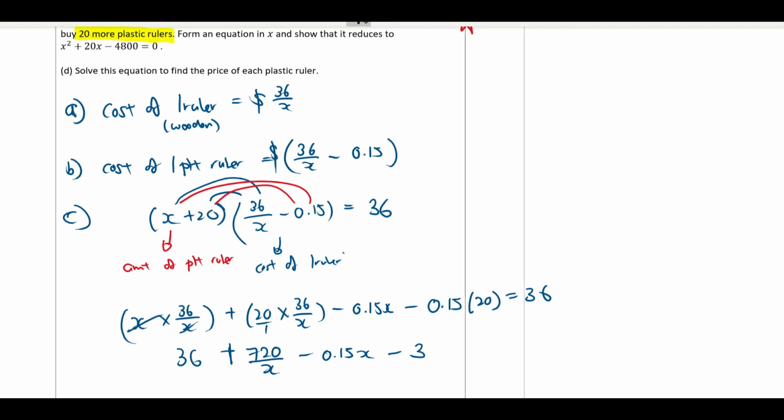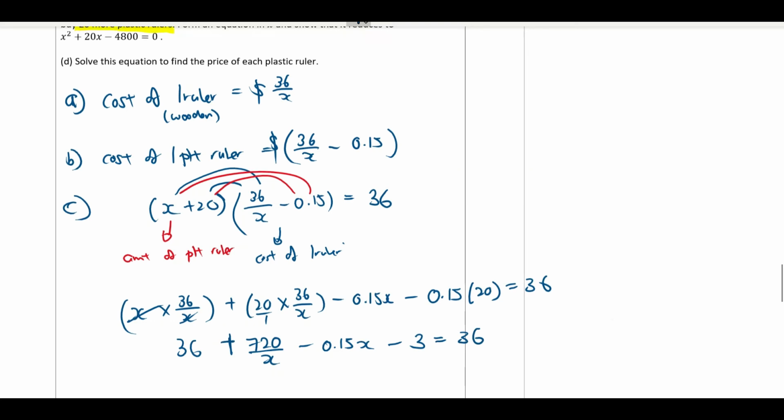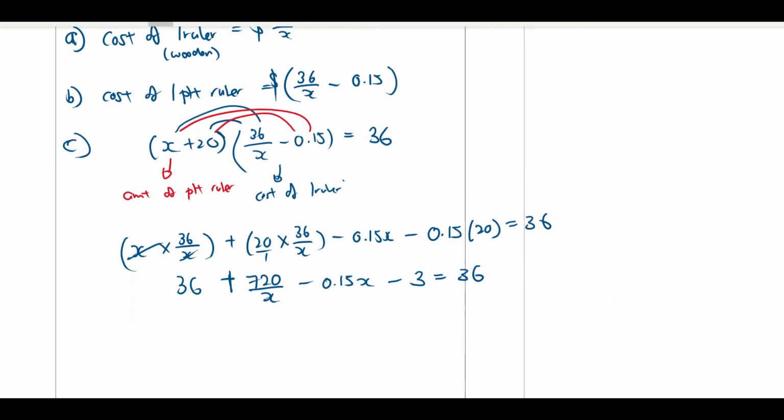Okay, 0.15 times 20 is 3. That would be 36. Bring everything to one side, you will be left with 720 over x minus 0.15x minus 3 equals 0.